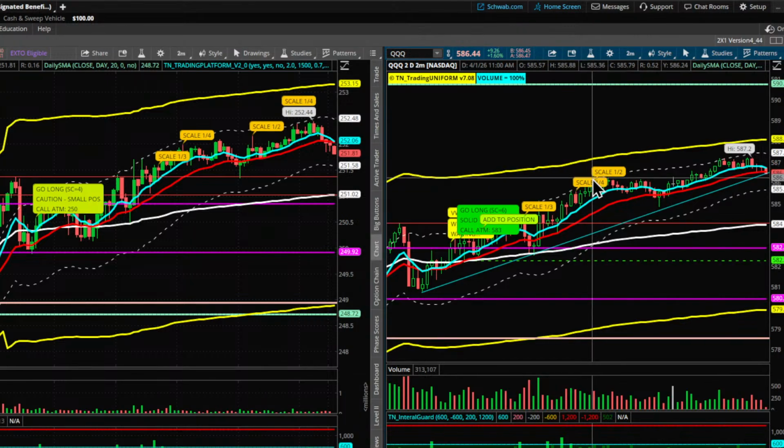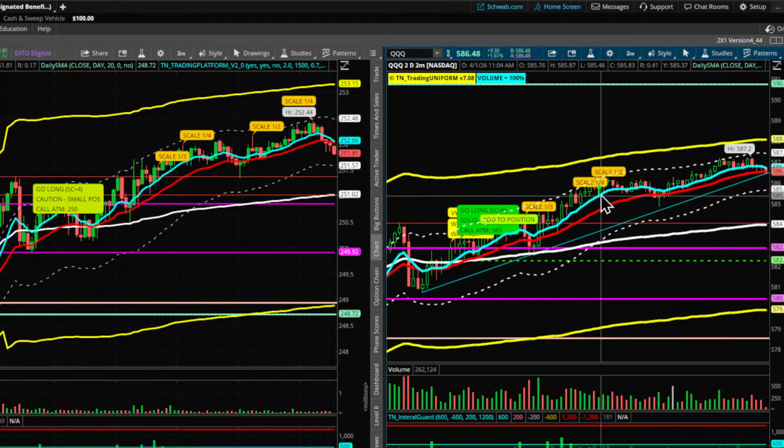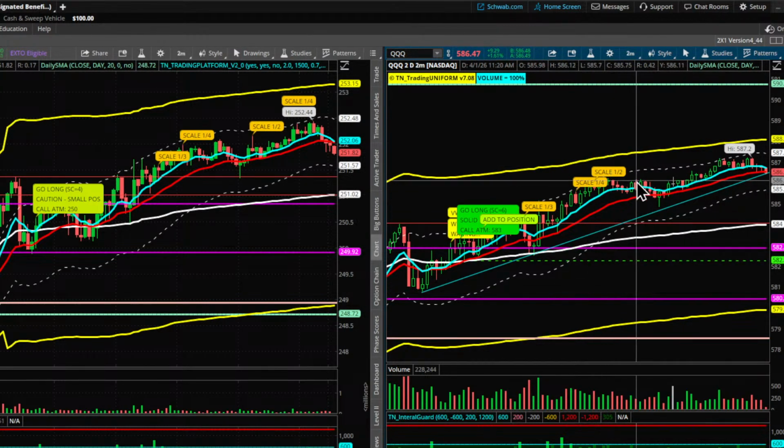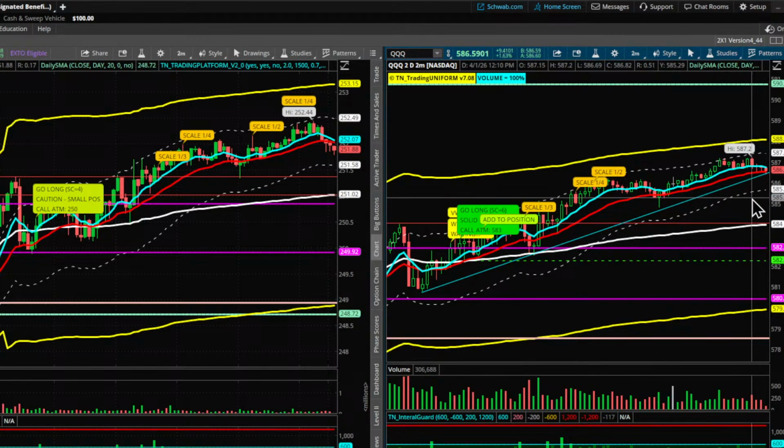And then it says scale out a little bit. And now just try to ride the rest. So basically, you already locked in your profit. And right now, just like yesterday, it could ride up. But if it starts to retrace, it will tell you to get out.